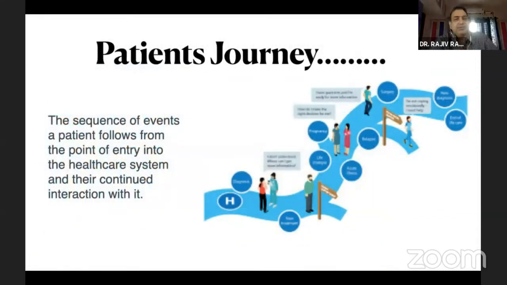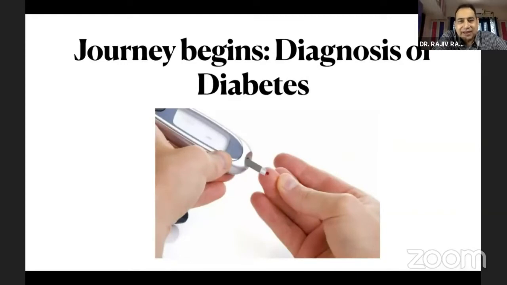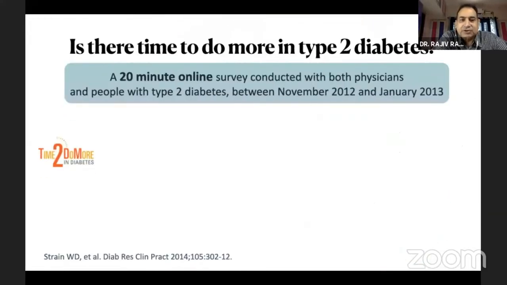The definition, as Wikipedia says, of patient journey is the sequence of events a patient follows from the point of entry into a health system and then continued interaction with it. So the journey begins from the diagnosis of diabetes. This was a very beautiful study, Time to Do More for Diabetes.